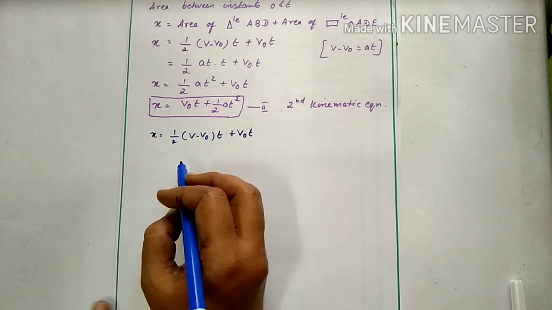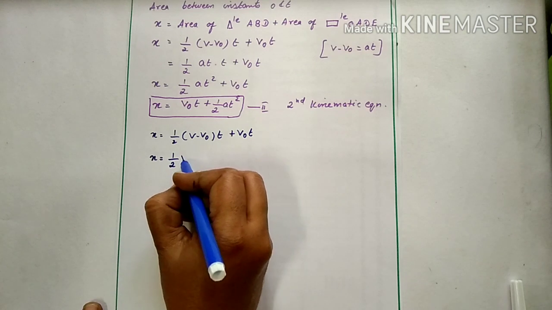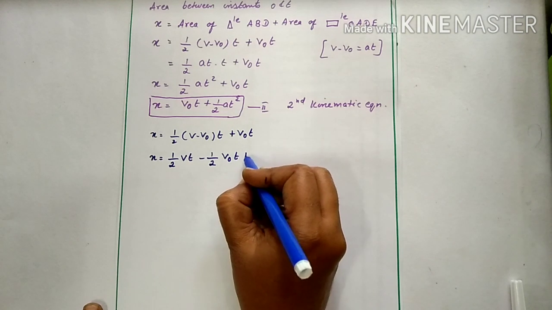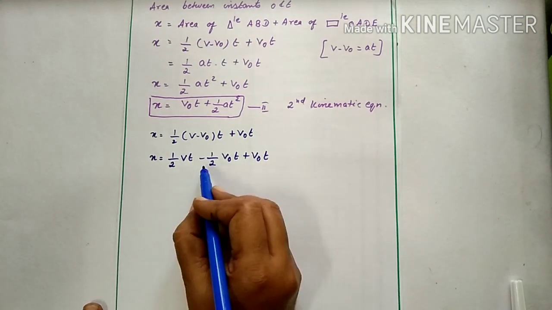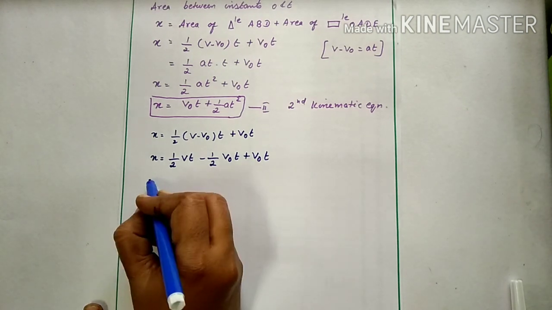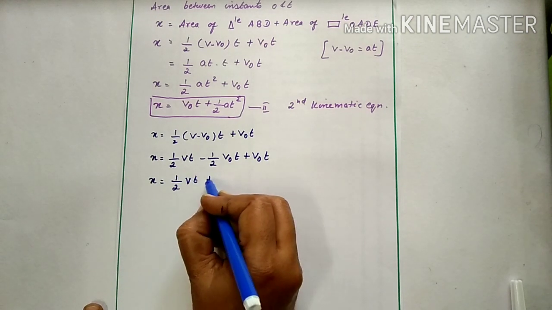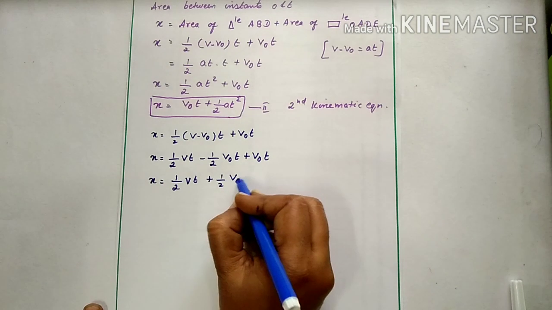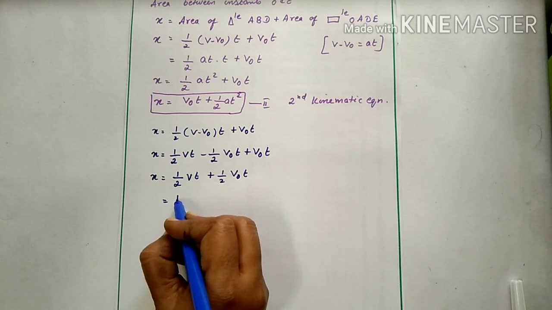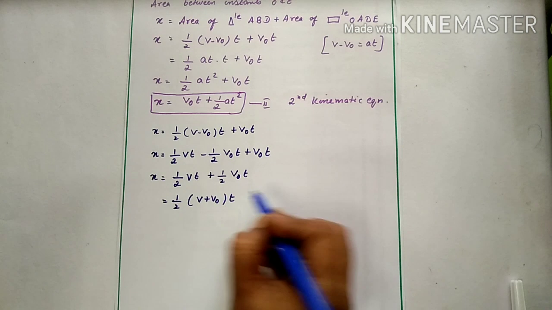So we can rearrange the equation, that is x equal to half vt minus half v0t plus v0t. So minus half plus 1, that is plus half. So we can write x equal to half vt plus half v0t. Then we can take the half outside, that is half into v plus v0 into t.